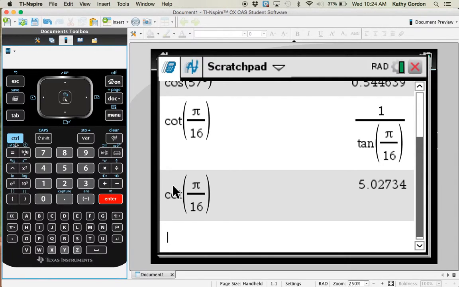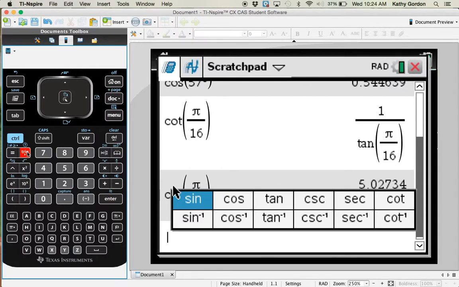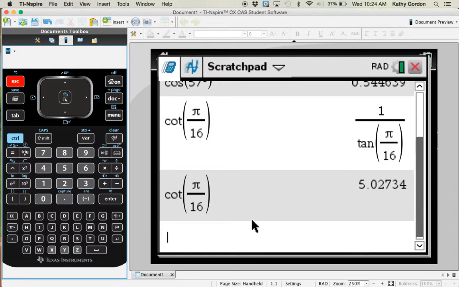11B, trig, we're doing tangent. Now, actually I have two options here. I can go and do tangent, type in pi over 16 again, or, what do we know about tangents and cotangents? From last class? They're what? They're, yeah, inverse, reciprocals of each other.